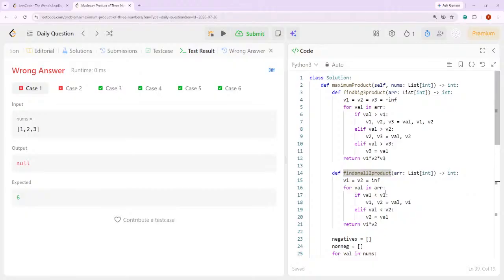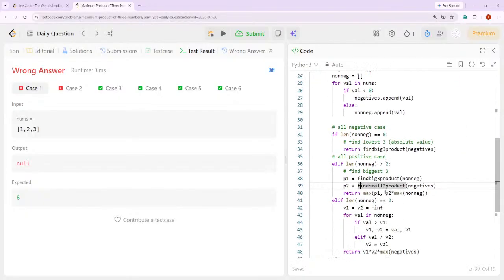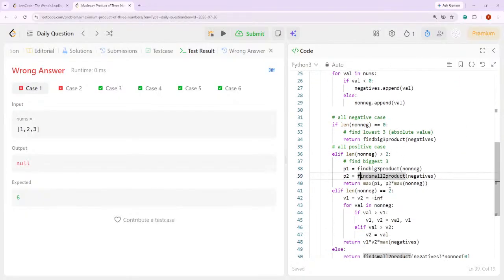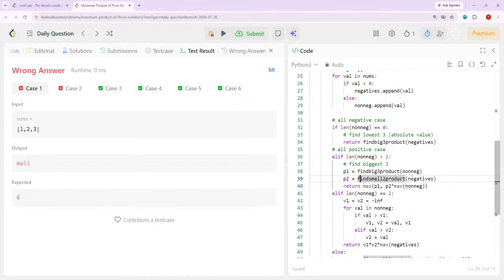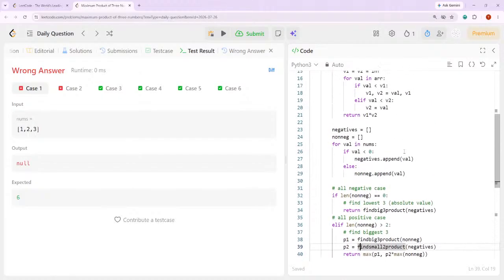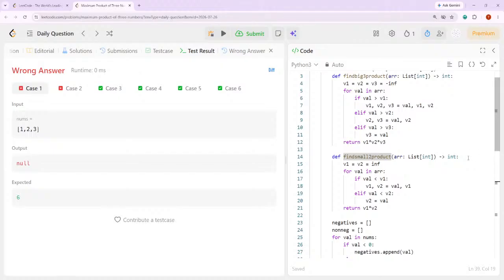So it's getting infinity times 1. Yeah, I don't know if I need... I'm not sure if this thing has two negatives. Okay.